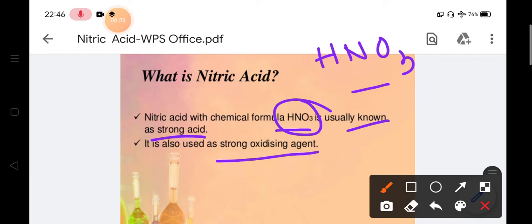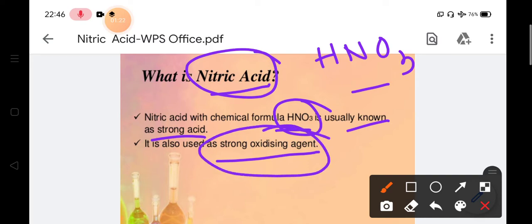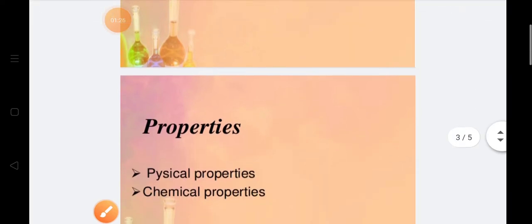But as nitric acid is a strong acid, it will also behave as a strong acid, similar to HCl and H2SO4. It is a strong acid, but it also behaves as a strong oxidizing agent. Okay, so let's move to the next slide.